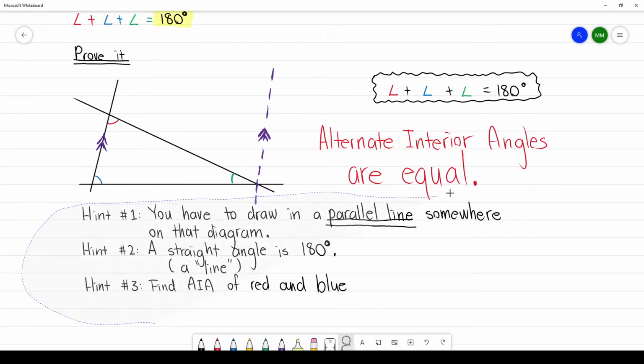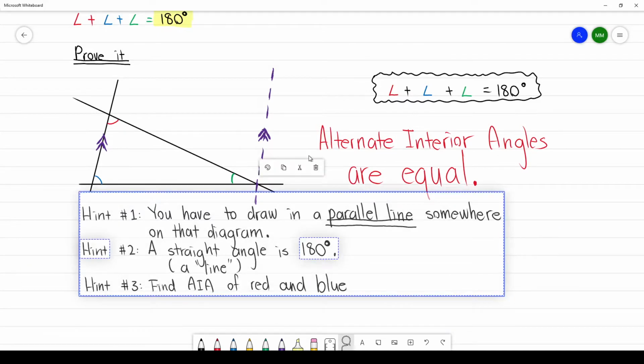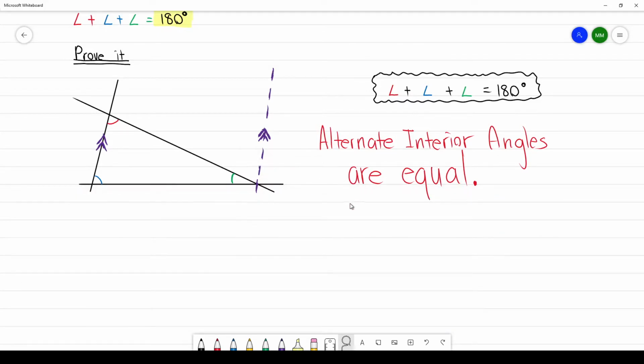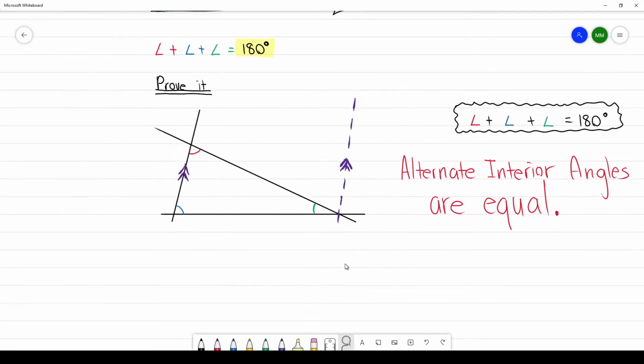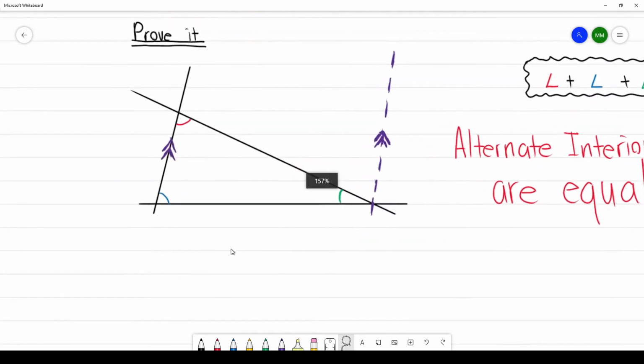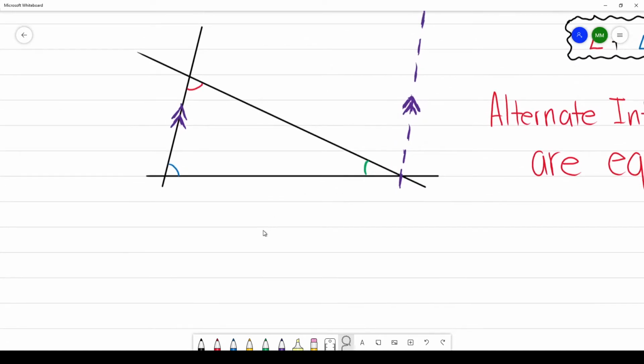So get rid of this. Now, the first step is to join the number one. Join the purple line.